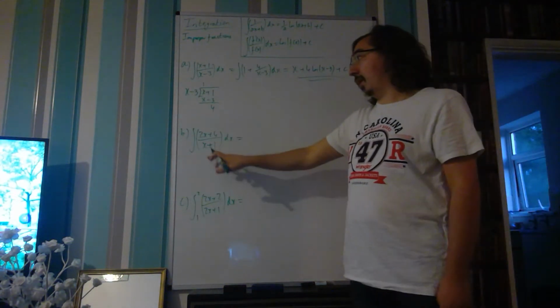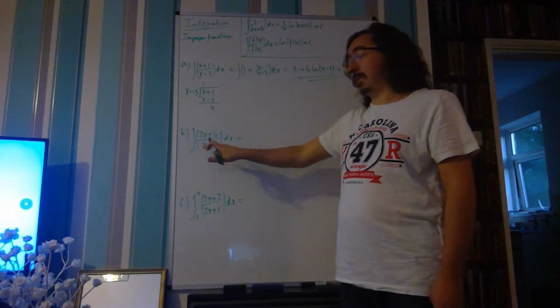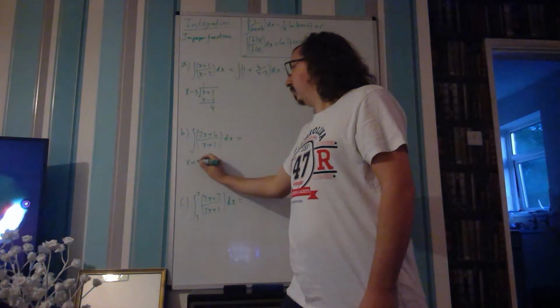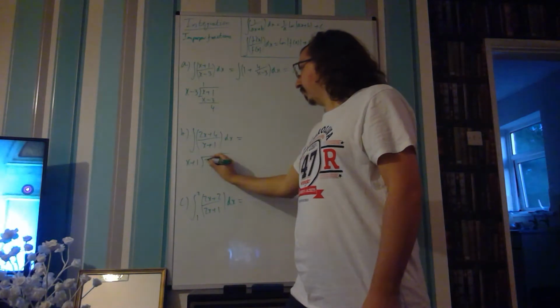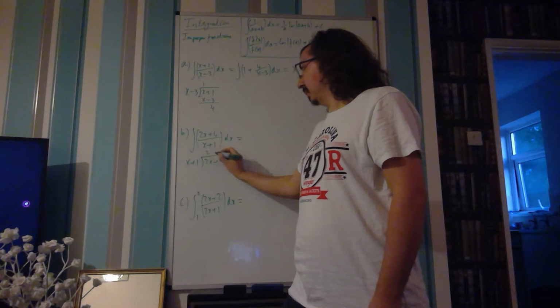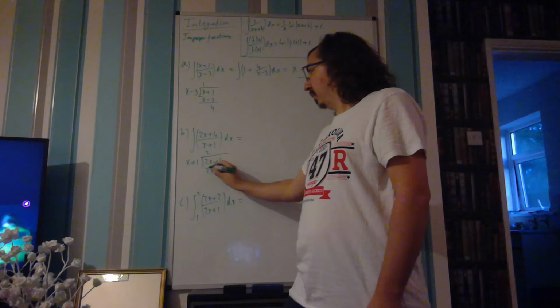Similar idea for part B. Again, the power in the numerator is either equal to or greater than that in the denominator, so we need to divide first. Two x divided by x is 2. Multiply 2x plus 2.